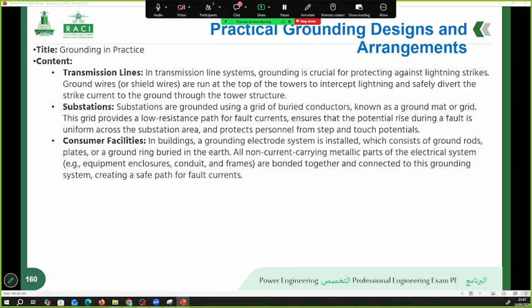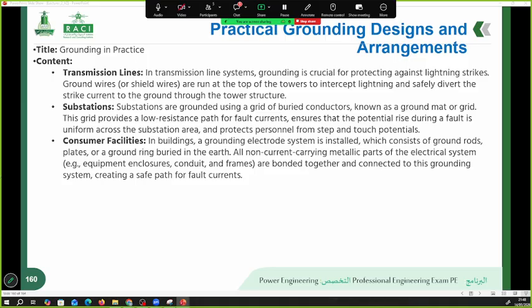The ground wires act as a shield, intercepting lightning strikes and safely diverting the high current lightning surge to the ground through the steel tower structure. This prevents a direct strike on the phase conductors, which could cause an outage or damage equipment.